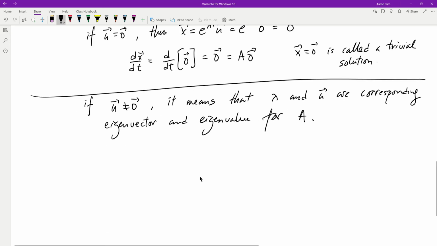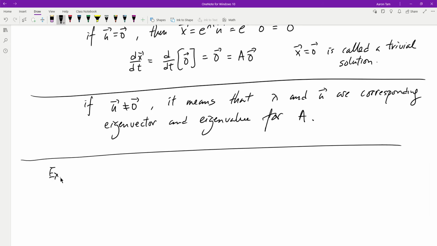So to demonstrate that process, let me show you an example. Let's say we have this system, which is basically equal to this.